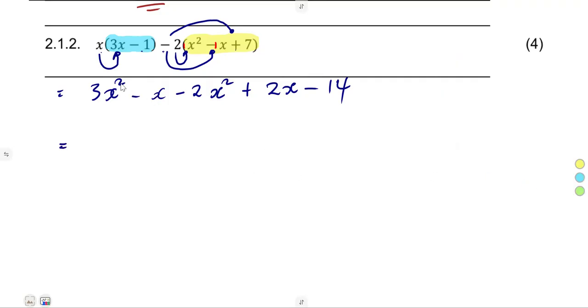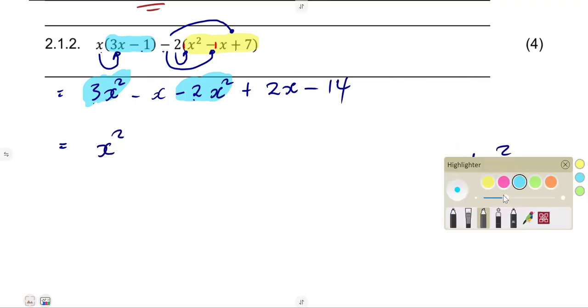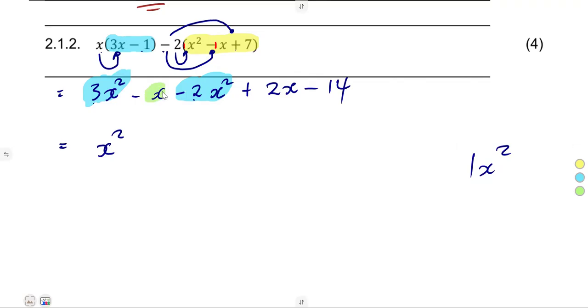Thus, we have 3x squared minus 2x squared. These are like terms. So 3 minus 2 is 1x squared, which is the same as x squared. We also have the like terms minus x and 2x. Remember, same variable, same power.